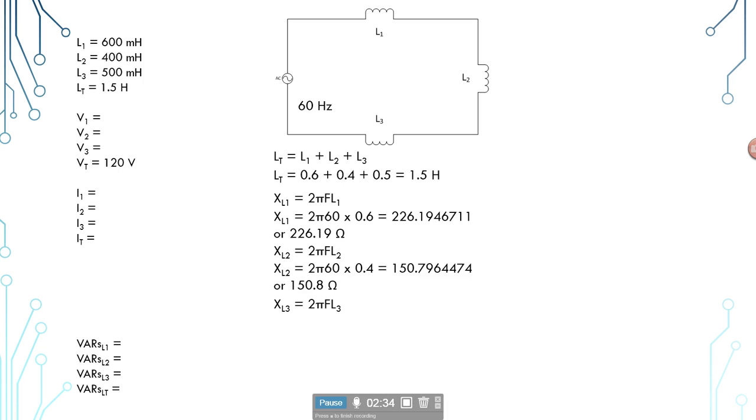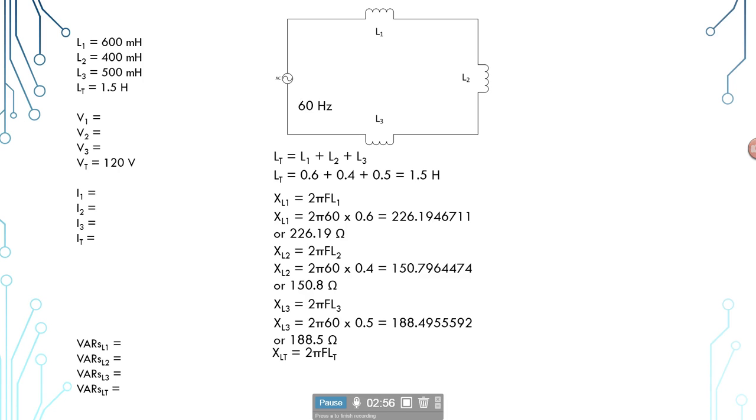And X sub L3, we do the same process, so we'll have 2 times pi times the frequency of 60 hertz times 500 millihenries, giving us 188.5 ohms for our third inductor.